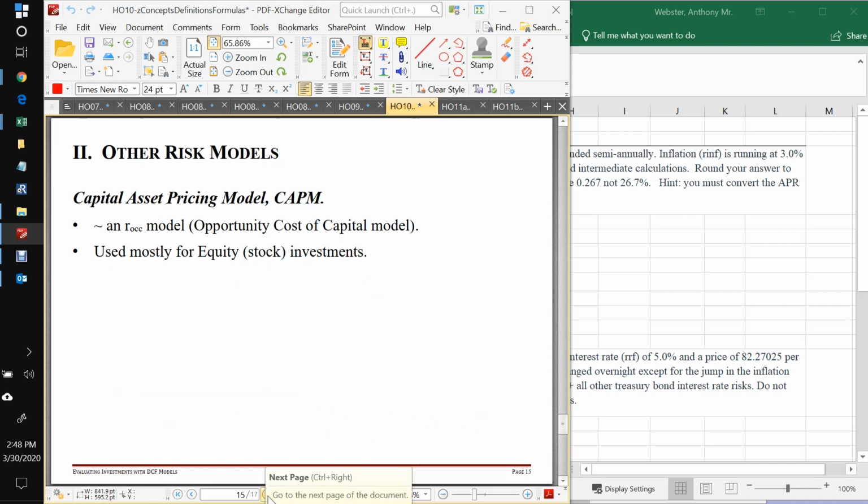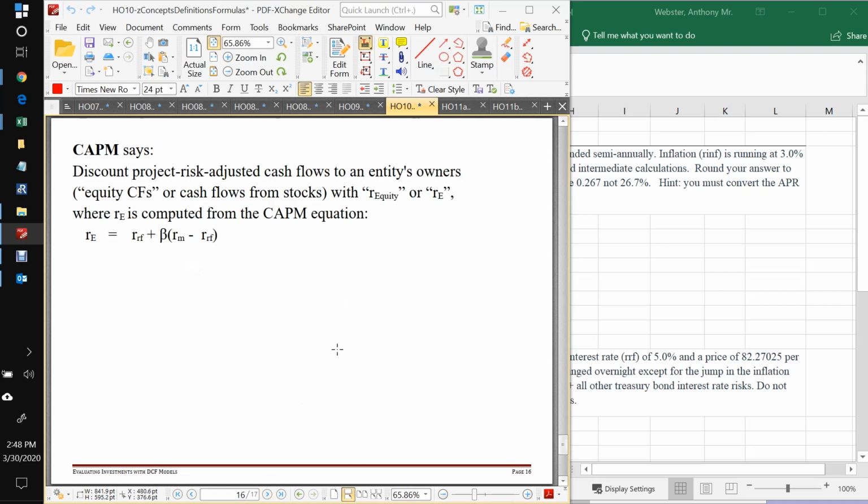And then we closed out this chapter with a look at other risk models. In particular, we really just looked at one called the capital asset pricing model, or CAPM. This is also an opportunity cost of capital model, and it's used almost exclusively for stock investments. And so here's how it works.